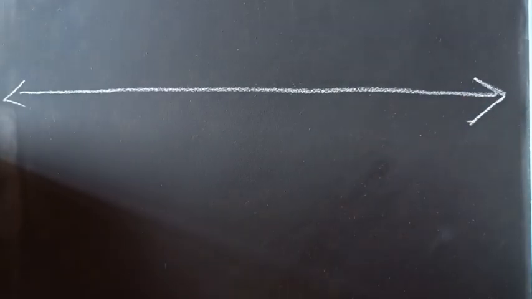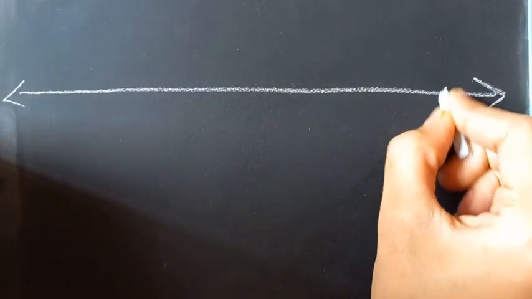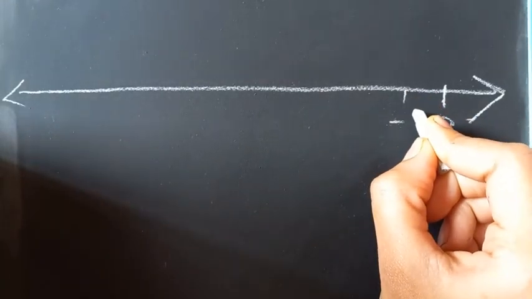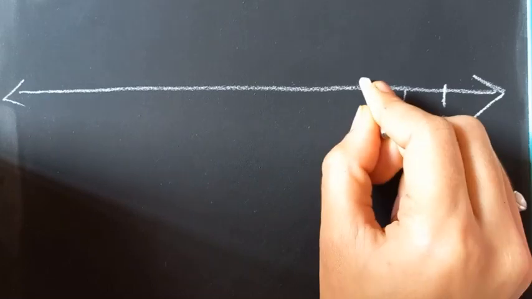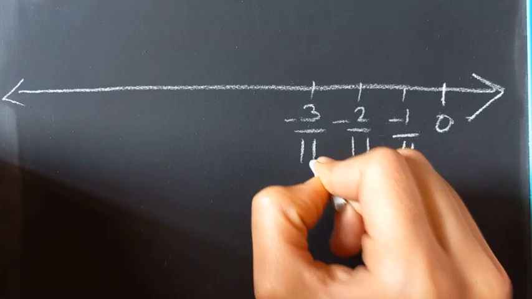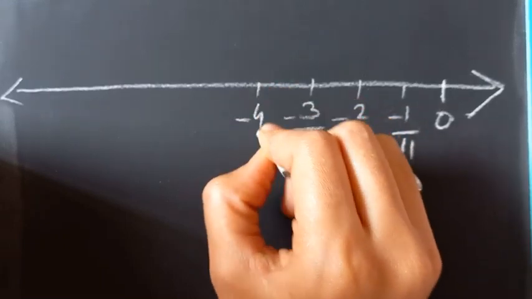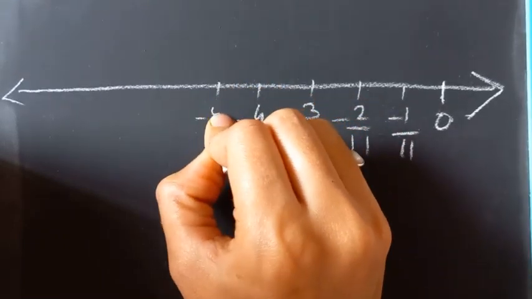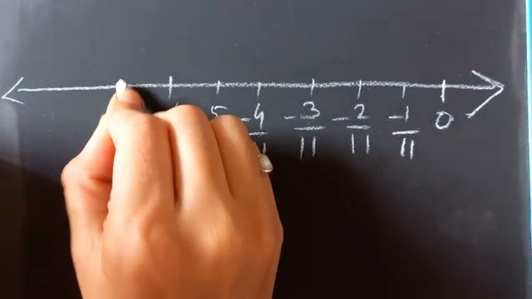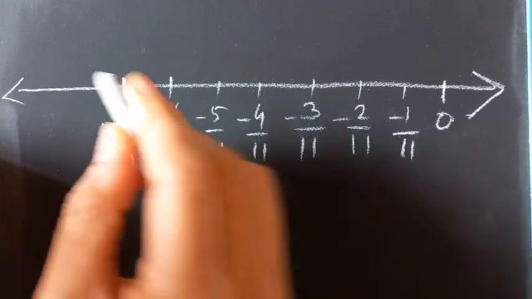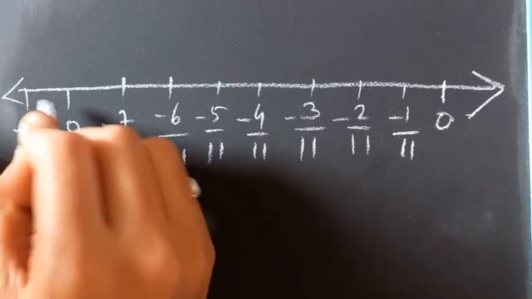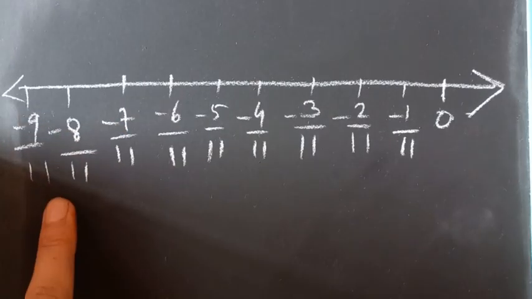First draw a straight line with the help of a ruler. Now 0, then minus 1 by 11, minus 2 by 11, minus 3 by 11, minus 4 by 11, minus 5 by 11, minus 6 by 11, minus 7 by 11, minus 8 by 11, minus 9 by 11, and you write minus 10 by 11 after minus 9 by 11.